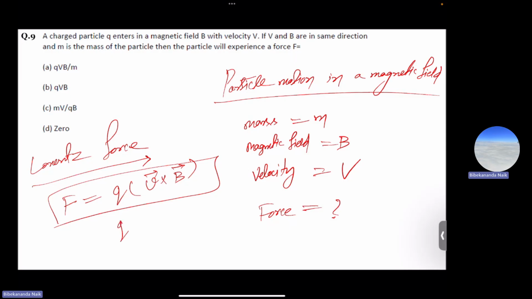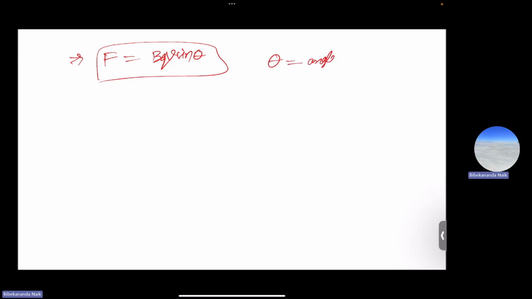So q is the charge, v is the velocity, and B is the magnetic field. Now in the question, it will be F = B q v sin theta, where theta is the angle between v and B.